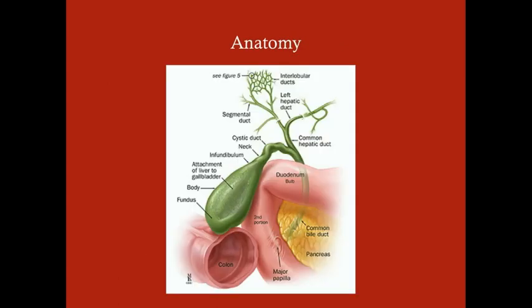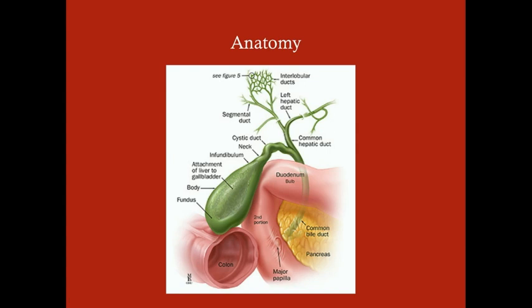So the anatomy of the gallbladder: don't worry about memorizing fundus, body, all this stuff. You've got your gallbladder here. The neck is just the area between what is called the body and what is called the cystic duct. I don't know if there's really any strict definition of when it becomes the infundibulum and when it becomes the neck. As far as you're concerned, you have a body, you have a neck that connects it to the cystic duct, and then the cystic duct meets up, remember, with the common hepatic duct.